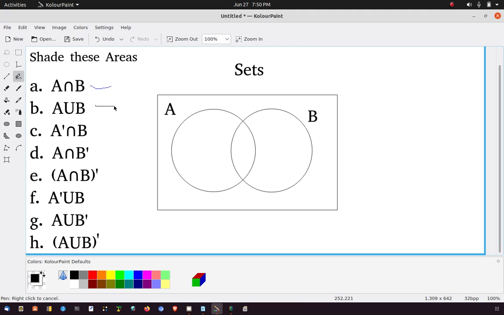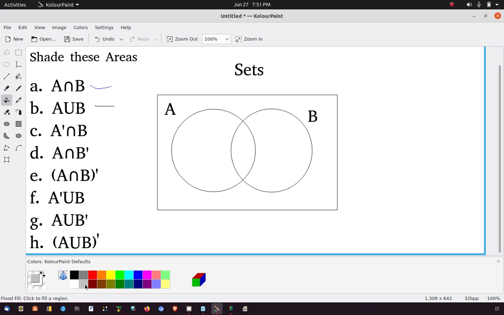And then the third one is A complement intersect B. You're going to have to identify where A complement is. Identify where B is. And then look at the intersection, the overlap. So you identify the areas that represent A complement, the areas that represent B, and then look at the overlaps.